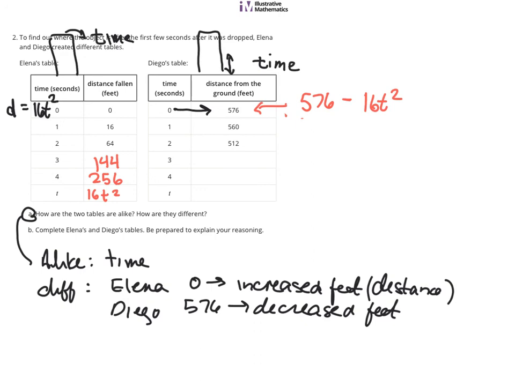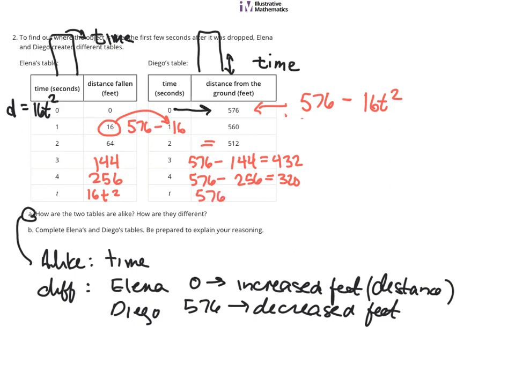So actually I'm taking 576 and I'm minusing, that's a technical term, 16t squared. So this one would be 576 minus 64. 576 minus 144. 576 minus 256. And then our equation. Cool. Awesome.